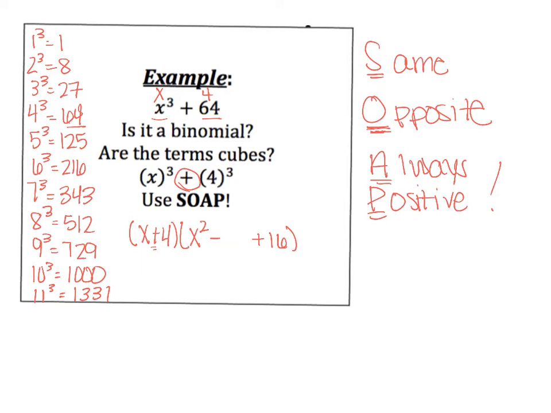But what is going to make 4x squared cancel out? Right? Well, to make 4x squared cancel out, I would need x times negative 4x to get negative 4x squared. Again, the middle term is always those two pieces multiplied together.